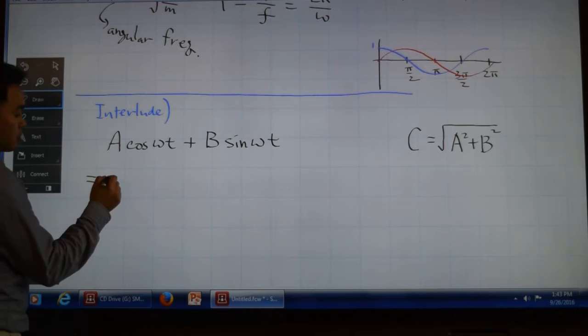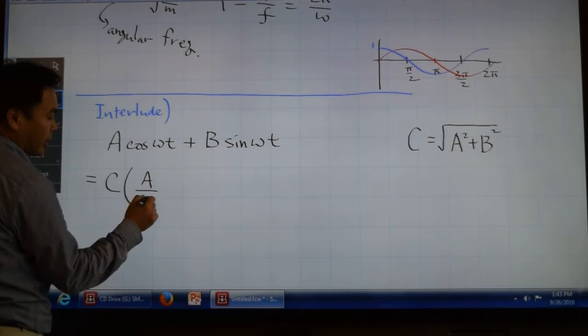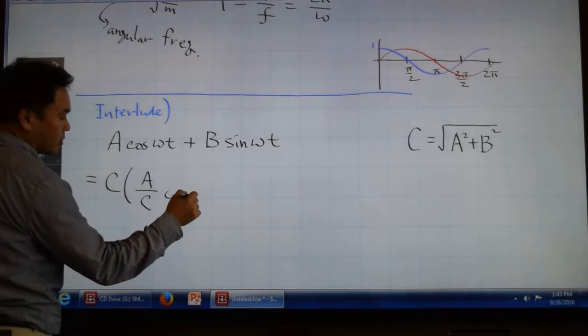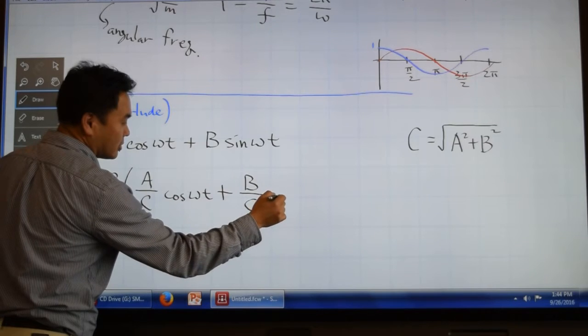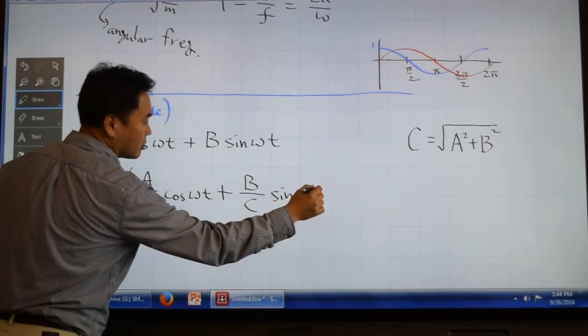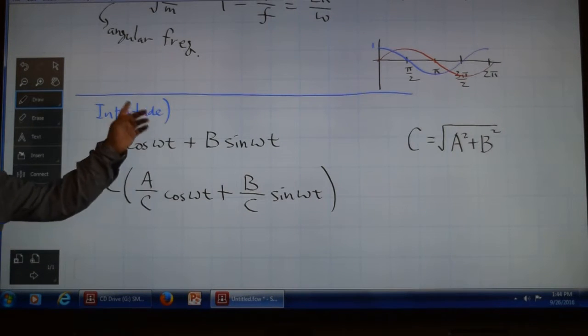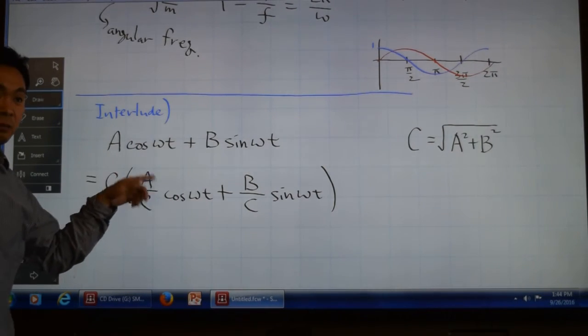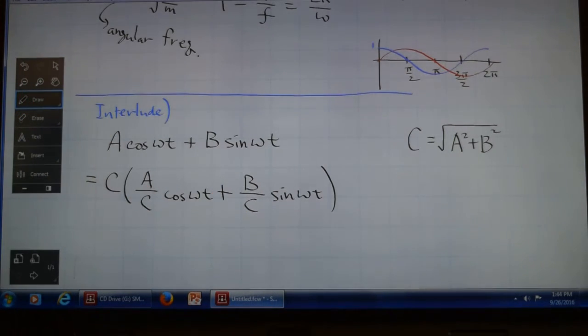You can pull the c out and divide both a and b by c. So these are equivalent because if you multiply the c to both of them, the c's in the denominators will cancel, so these are the same thing, right?